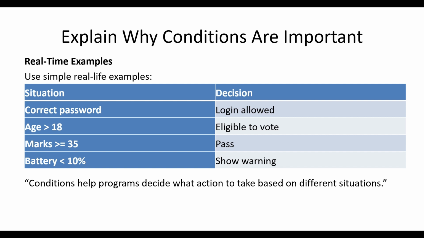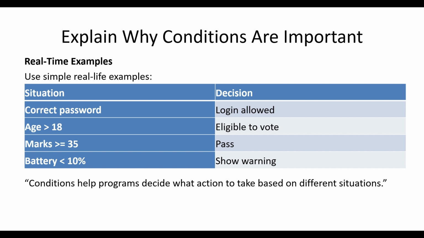Marks also: we have to decide whether a particular student passes or fails. If their marks are greater than or equal to 35, we consider it a pass, or else we consider it a fail. And let's assume the battery charge. If it is below 10%, the user should get a warning notification.